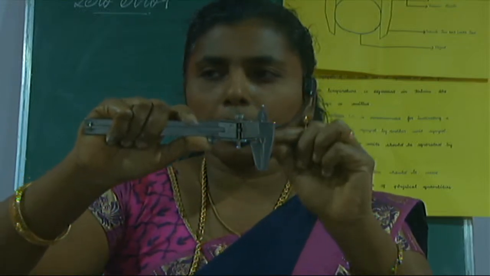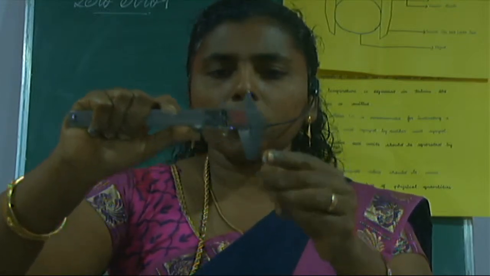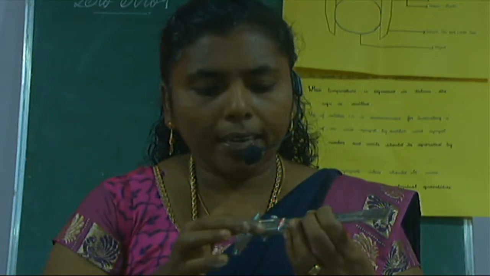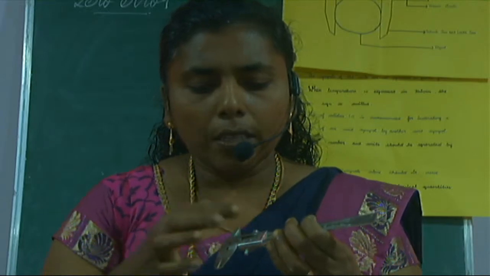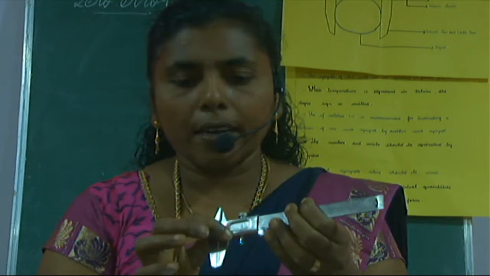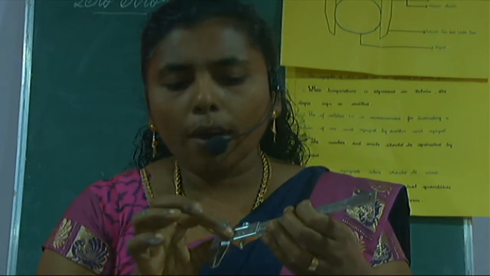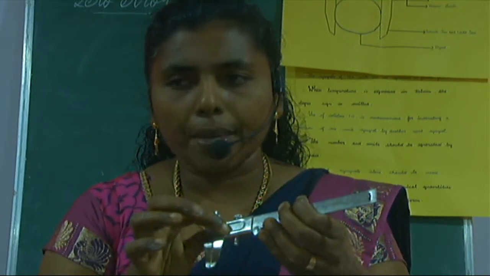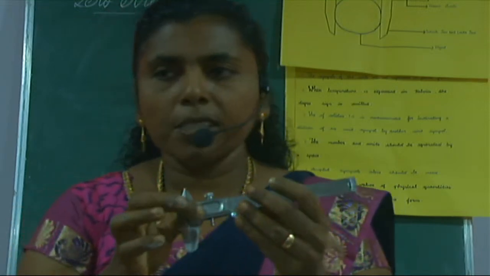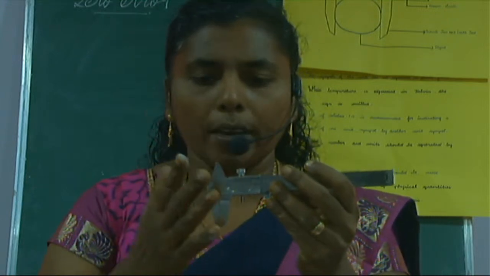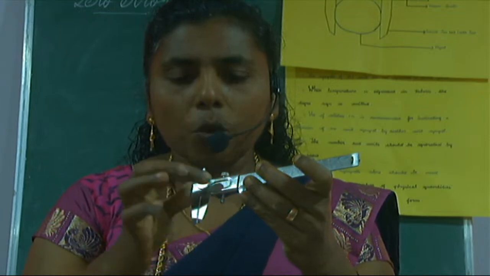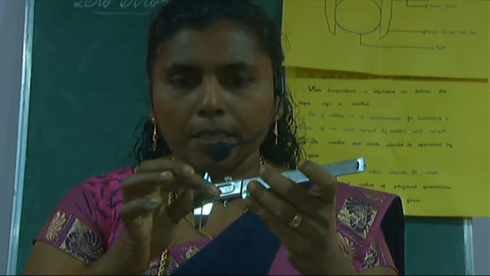When we have to measure error, first the two jaws are in contact. Here 10 divisions are there in a vernier scale, already I told. Then the main scale also has divisions. The zero of the vernier scale just coincides with the zero of the main scale. There is no error. So if this also coincides, this vernier caliper has no error. No error means the zero of the vernier scale just coincides with the zero of the main scale.